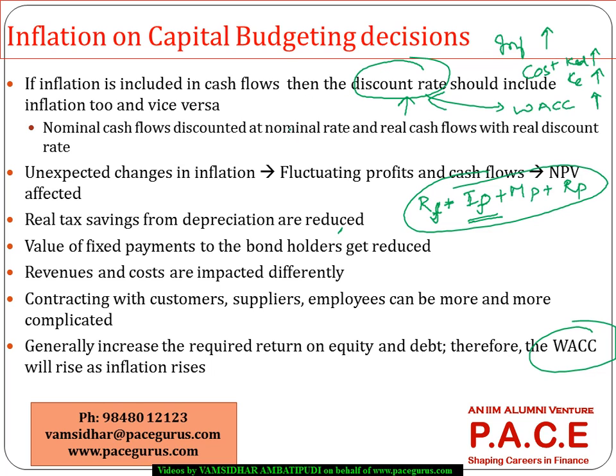So one simple thing is, inflation has a very strong influence on the capital budgeting decision. That's where people say, if we are including the inflation in the cash flows, please include inflation in the discounting rate also.